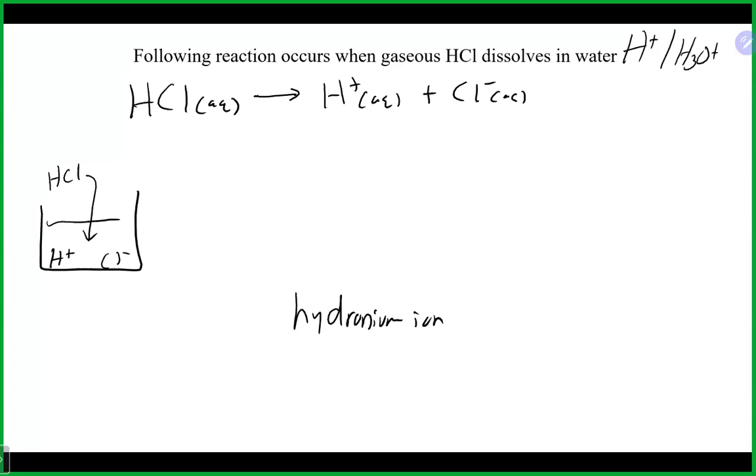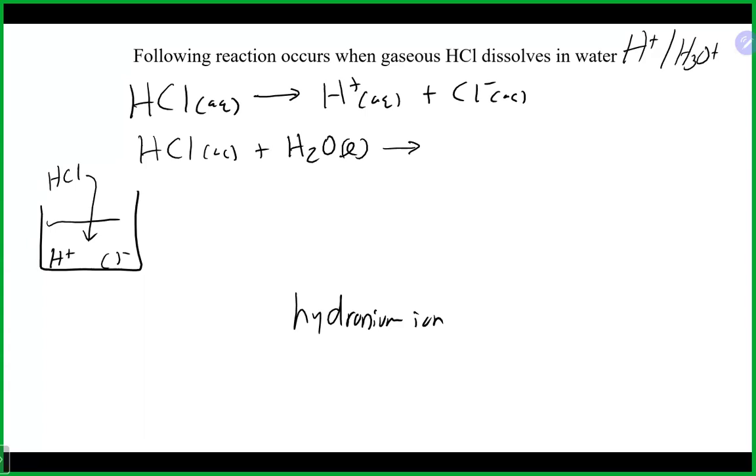You can also show this exact same process of the strong acid breaking apart in more of a Bronsted-Lowry equation, showing it with water in the equation. The exact same thing is happening in both equations. It's basically just the hydrochloric acid going for a swim in water and breaking apart.